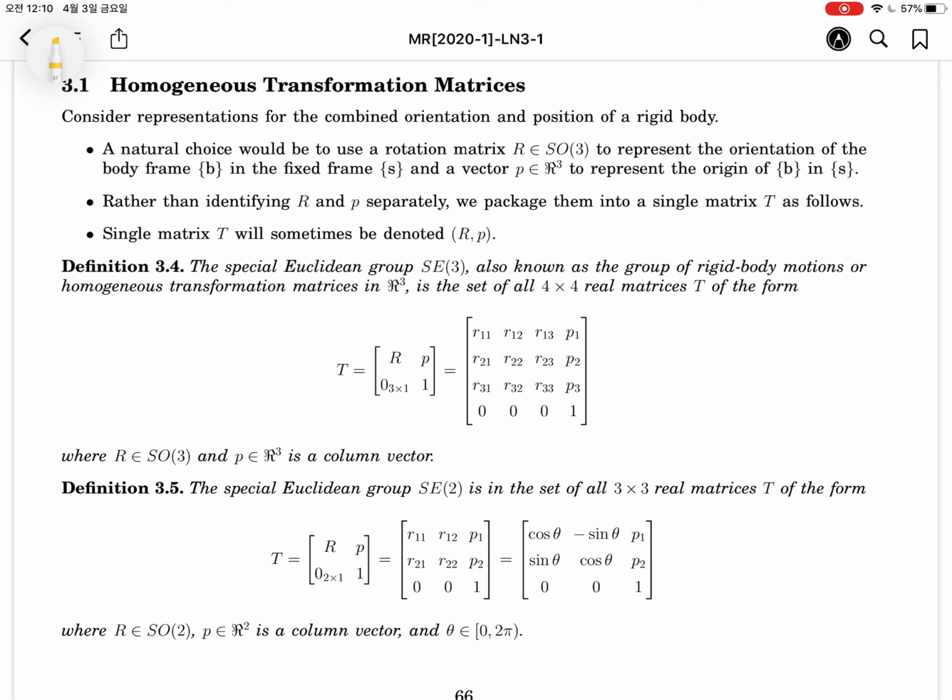Okay, the homogeneous transformation is used for the orientation and position of a rigid body.